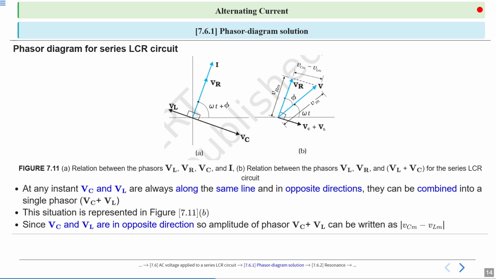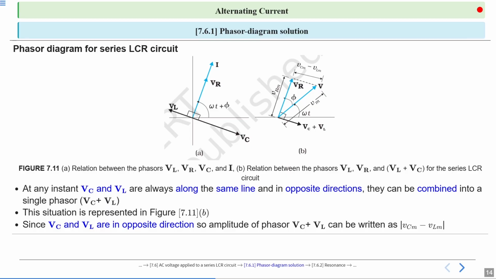Now, when we find the amplitude of this phasor, we will represent it in this form: VCM minus VLM. VCM is the amplitude of the voltage across the capacitor, and VLM is the amplitude of the voltage across the inductor.